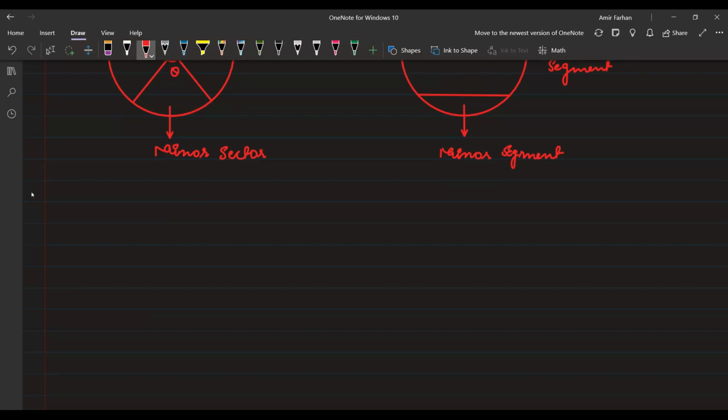So let's calculate the area of a sector. What is the total angle of the circle, Gianna? 360. 360, very good. So the area of a sector is calculated as theta by 360 degrees into pi r square.